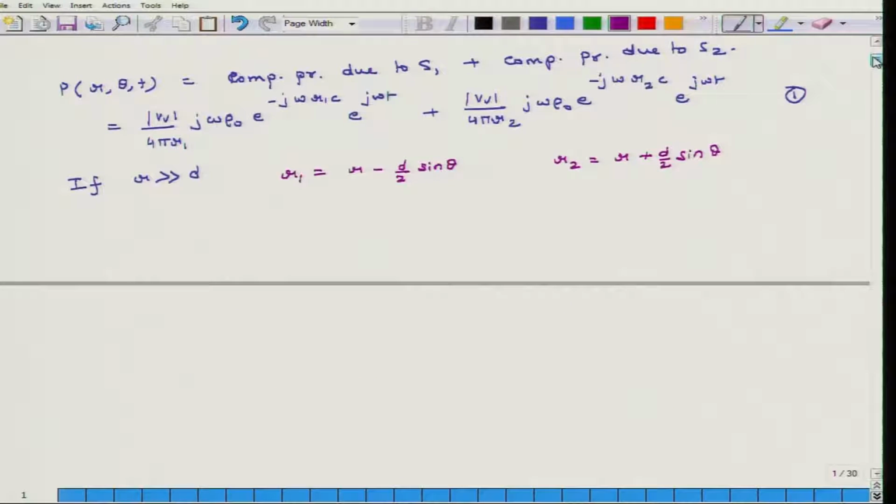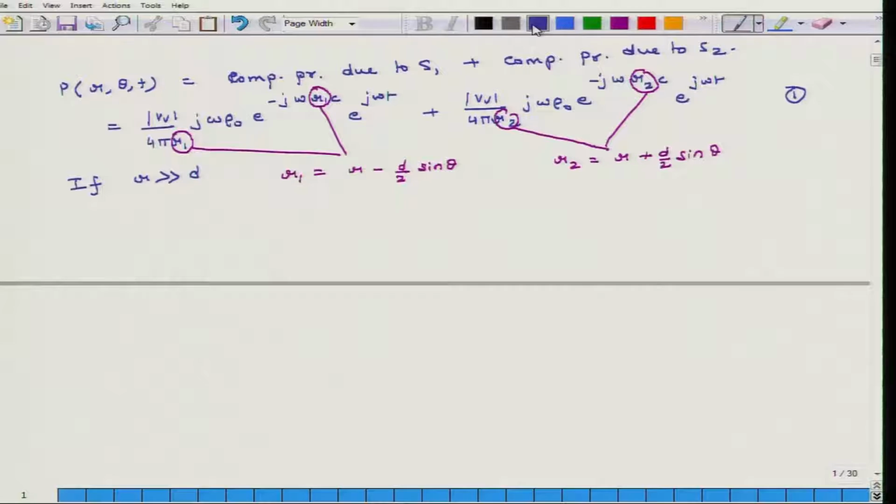So, with this understanding, we put R1 from here and we put R2 from this relation.